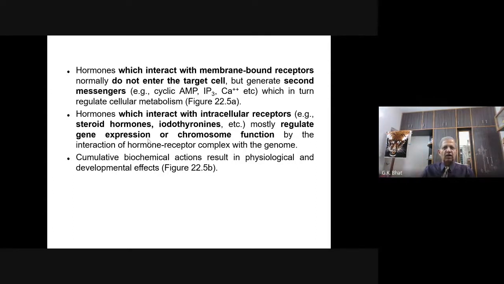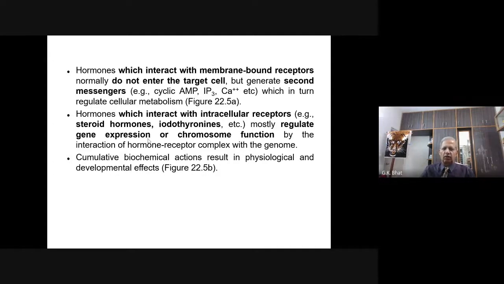So these hormones which interact with the intracellular receptors directly enter through the cell membrane, come to the cytoplasm, enter the nuclear membrane, go inside the nucleus, and act on the DNA. This results in the DNA being transcribed, and this transcription results in the production of mRNA.